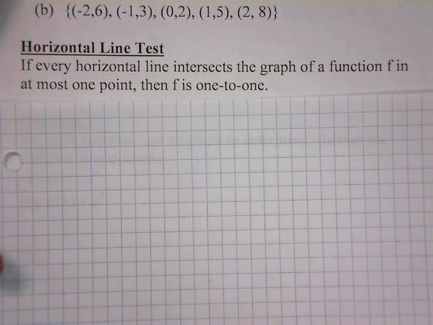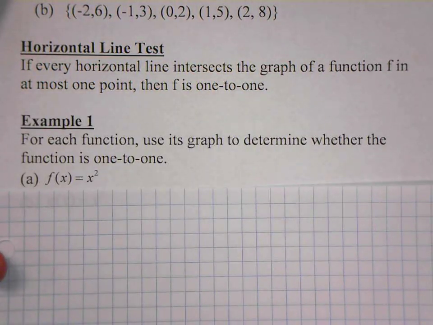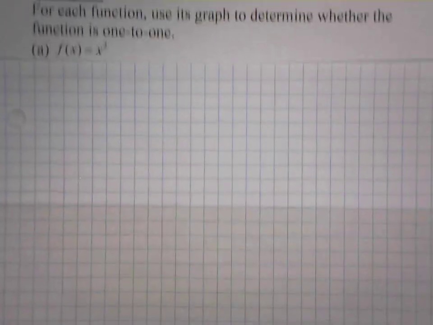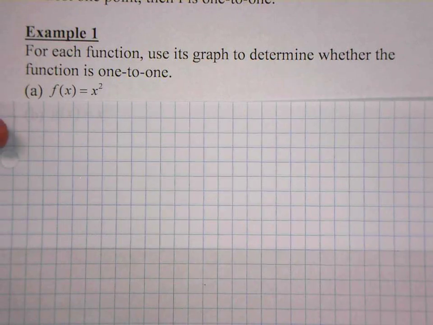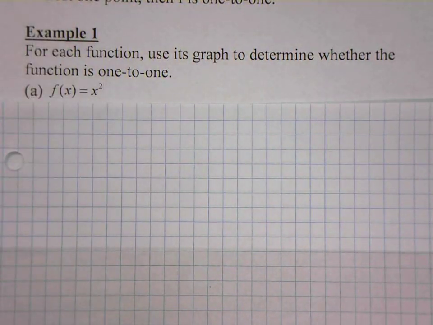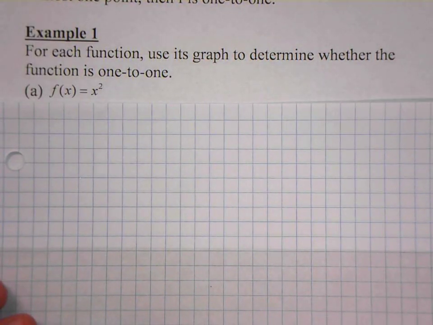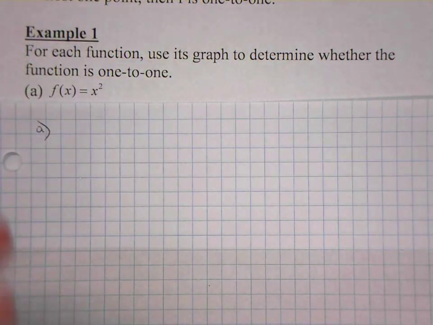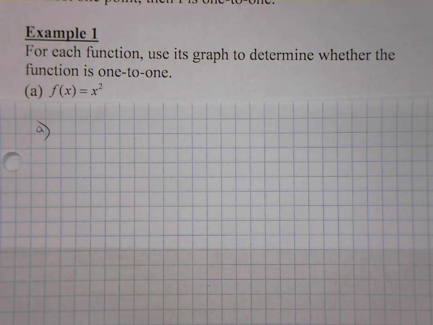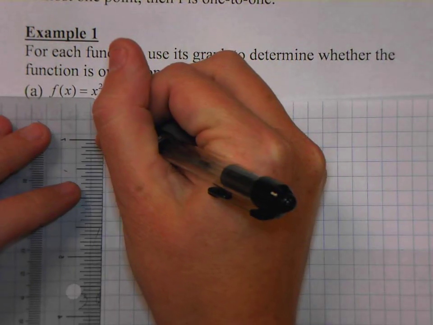So we're just going to take a look at an example, and this is what you can start writing down on your paper for your notes. We're going to take a look at just a couple quick parent graphs and try to determine if the function is one-to-one or not. So our first function is f of x equals x squared. So I'm just going to sketch for you the parent graph. What you could also do is get out your little yellow booklet of parent graphs and maybe take a look at it there.